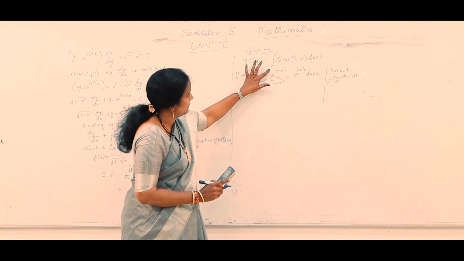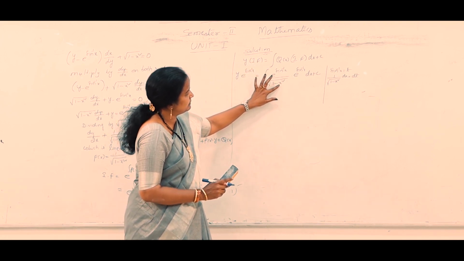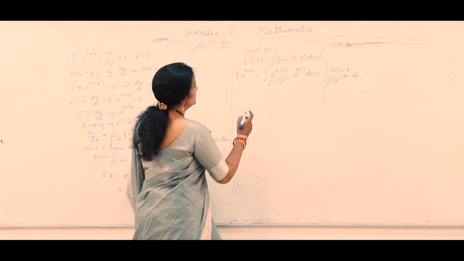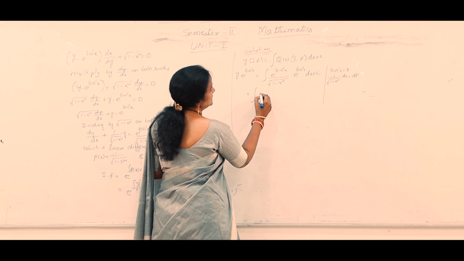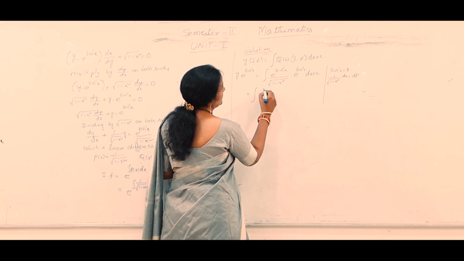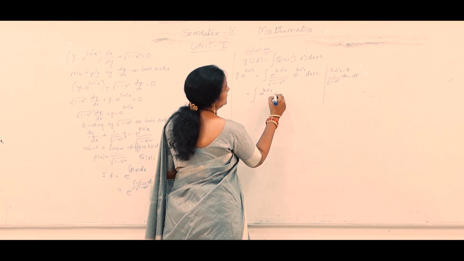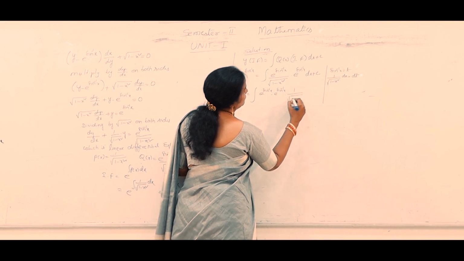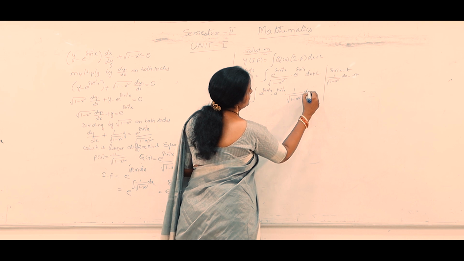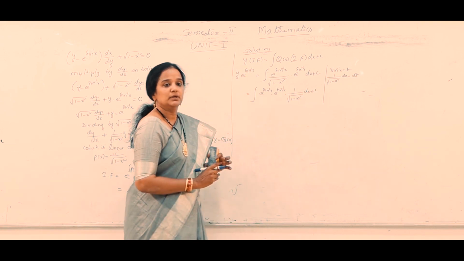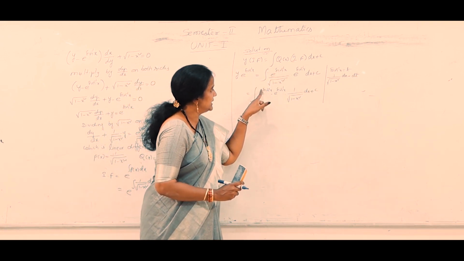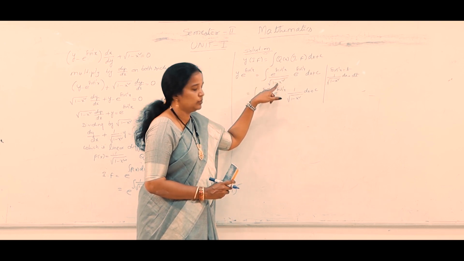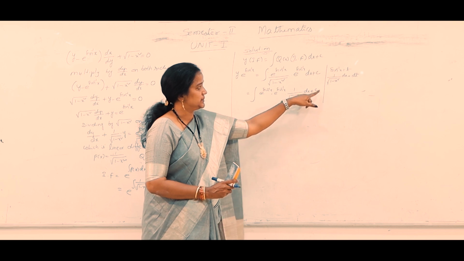So we have e power sine inverse x into e power sine inverse x, and the remaining term is 1 by root of 1 minus x square dx, plus c.